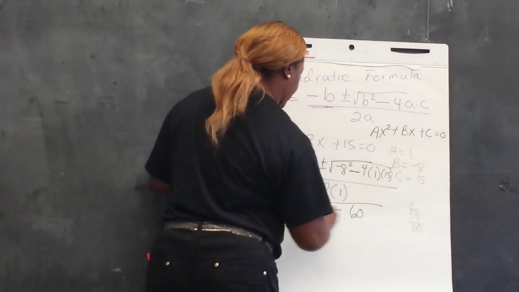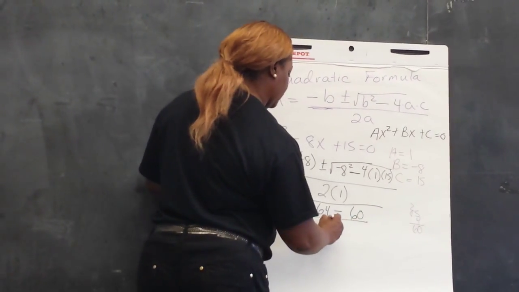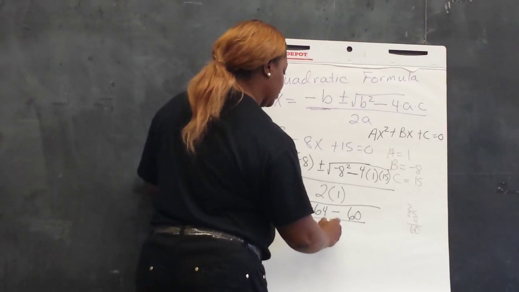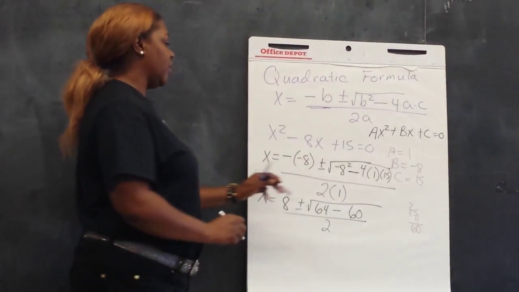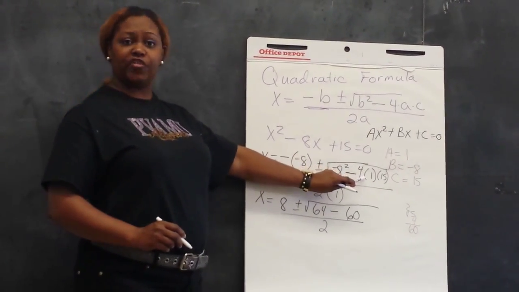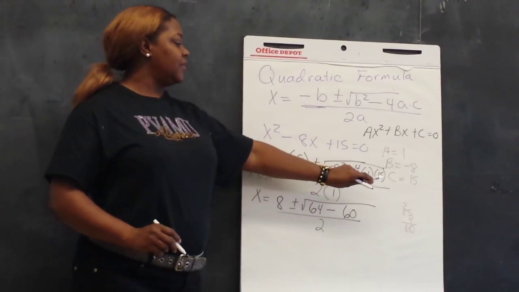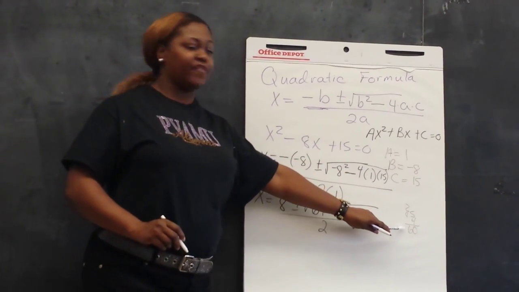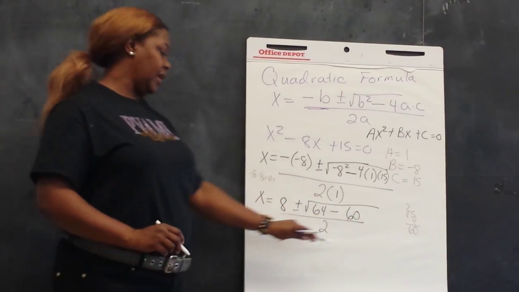Minus 60, all over 2 times 1, which is 2. So everybody understand, 4 times 1 is 4, and 4 times 15, I did over to the side for you, gave me 60.